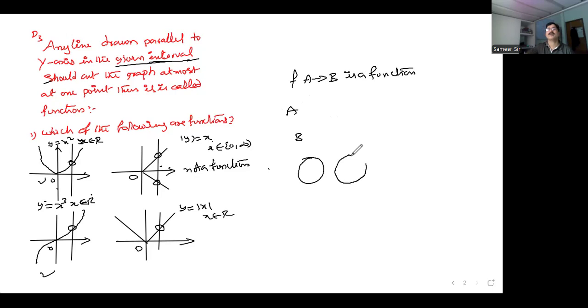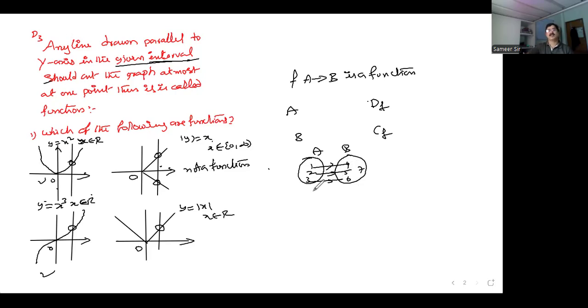How am I going to denote the domain and codomain? Domain means D_f, codomain means C_f. This is A and this is B. So one example: 1, 2, 3 I have taken, 4, 5, 6, and 7. Same example I'm taking. So the domain is A, and the codomain is this one.